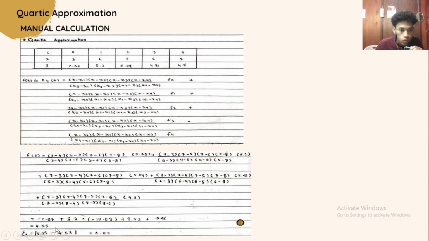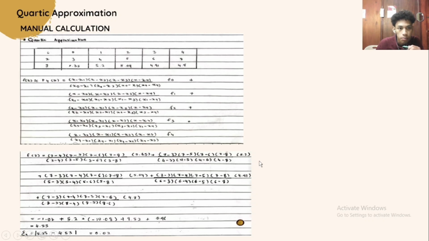So what we need to do is find the absolute error. So our exact value is 4.85, and then our approximation value is 4.83. So we need to minus exact minus approximate value, and then we got our absolute error is 0.02. This one is for the manual calculation.